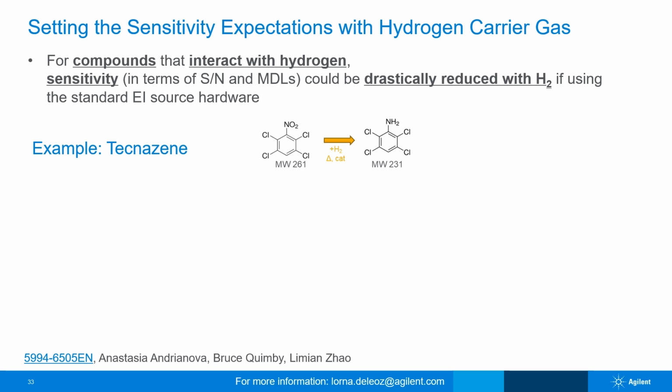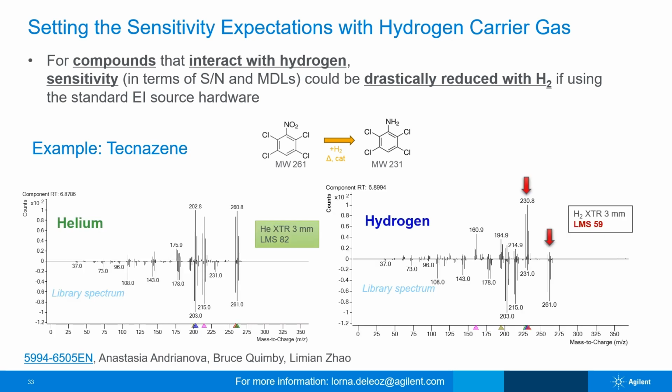When looking at the spectrum acquired with helium carrier gas on the left and the spectrum acquired with hydrogen carrier gas on the right, we see that they are drastically different. The 261 molecular ion is almost completely eliminated when we use hydrogen carrier gas.